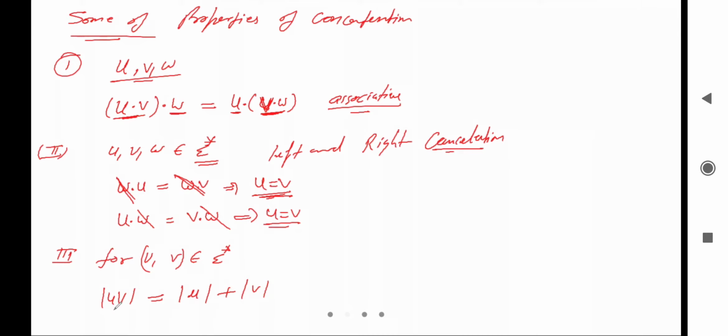In case of concatenation, if we concatenate these two strings and take the length of this one, that is equal to length of U plus length of V. Let's see the example.